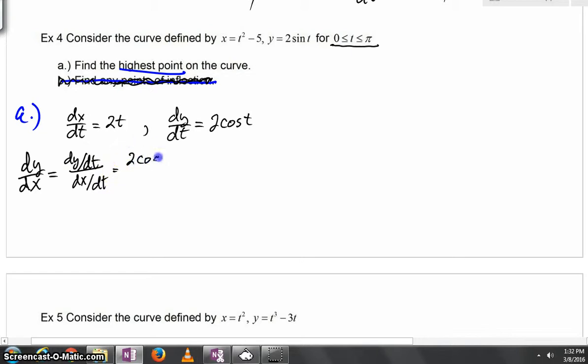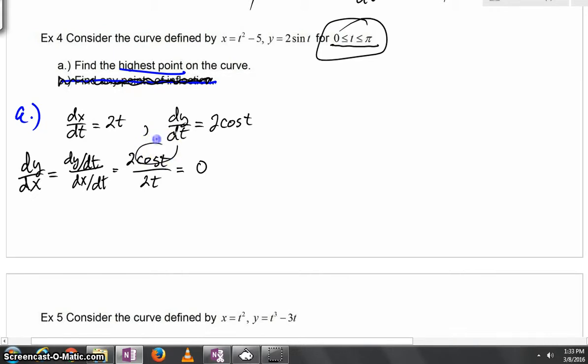And we could definitely take a peek at that. And I think as you're beginning to trace this out, you hopefully are going to notice that this thing could equal 0, and we have a definite t constraint here, some restrictions on t. We're only going to be going between 0 and pi.